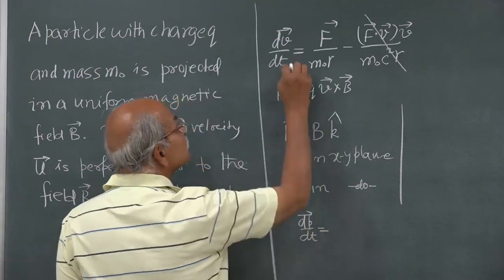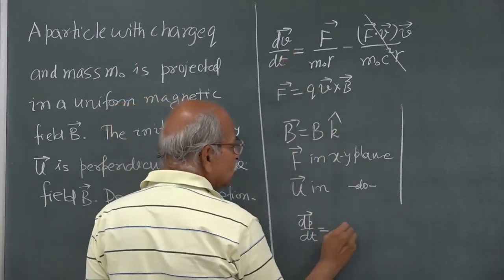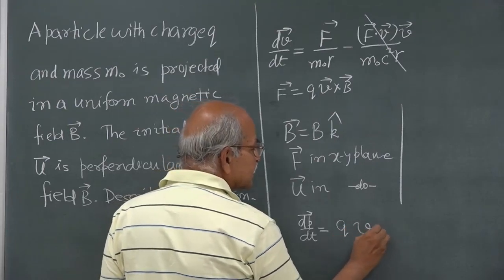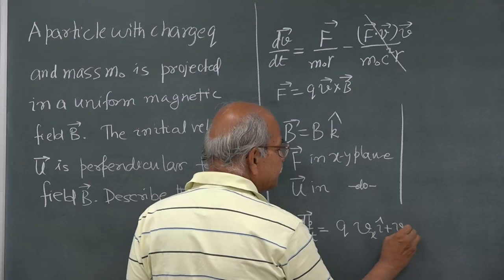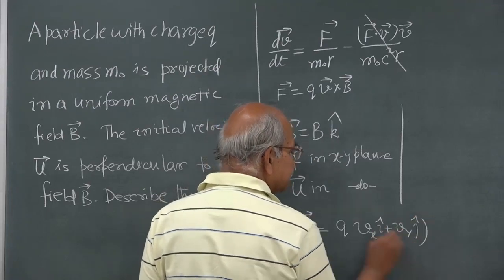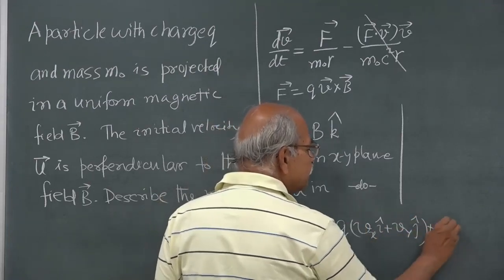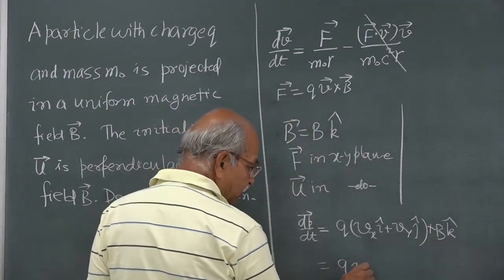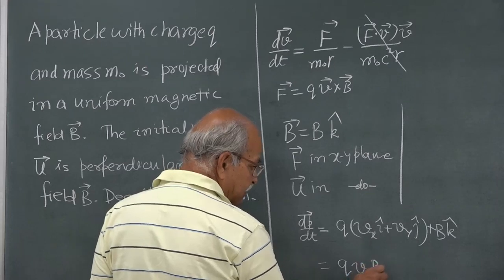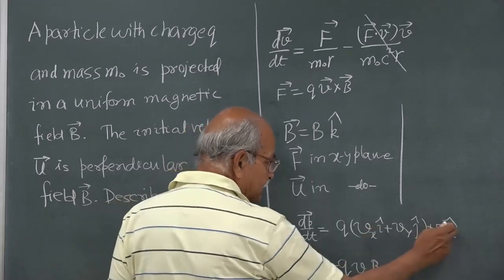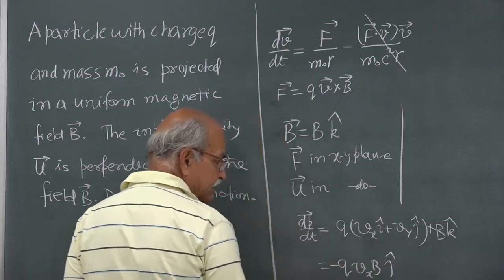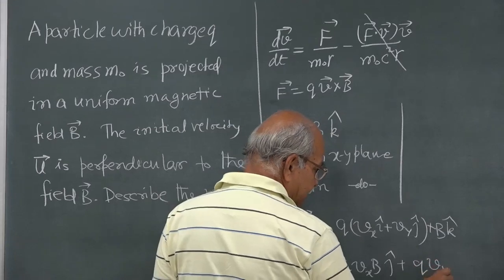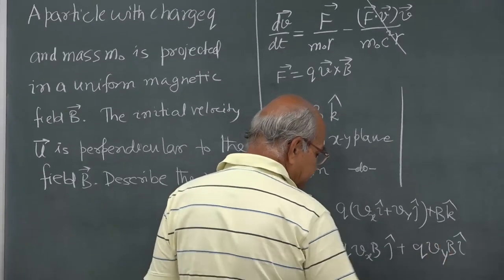dP dt is this force, and that is q times v cross B. So, let me write it: Vx i cap plus Vy j cap, crossed with B k cap, which will be q Vx B with a minus sign, since i cross k will be minus j, plus q Vy B i cap.